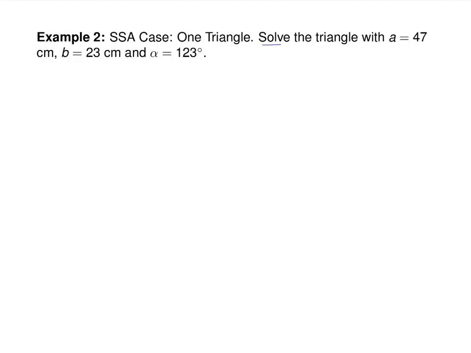So when the directions say solve the triangle, that means find all angles and all sides. So the nice thing about the previous questions, we only had to find that one angle, which implied finding the other angle, but this one says find all angles and all sides. So I'm gonna call this alpha.